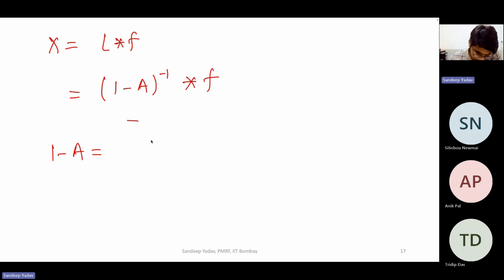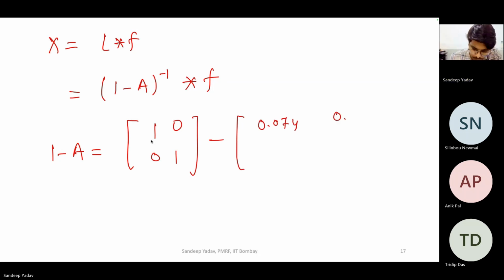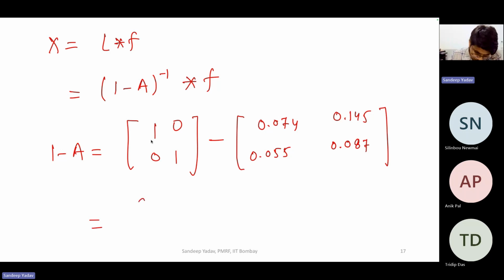I minus A would be 1, 0, 0, 1 minus A, which we have just calculated: 0.074, 0.145, 0.055, 0.087. When we solve it, it comes out to be 0.926, minus 0.145, minus 0.055, 0.913.